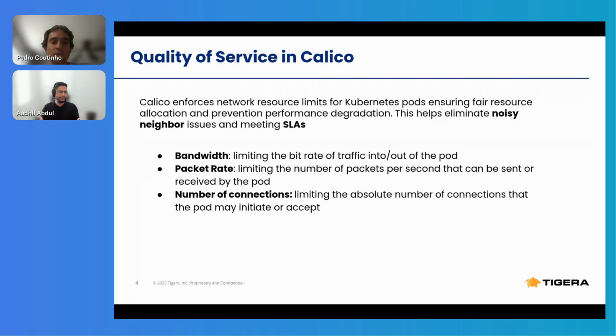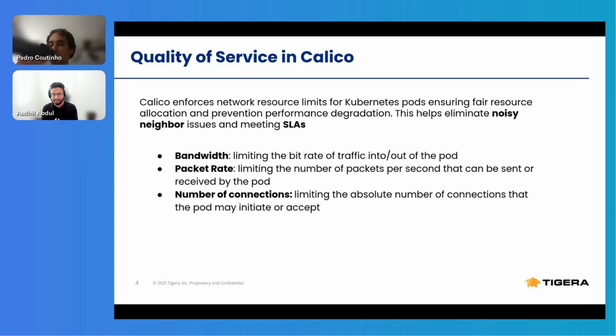Now, when you look at Kubernetes, it's a shared resource, right? That's why you deploy Kubernetes to optimally utilize the resources that are available to you by deploying multiple workloads in a given node in a cluster. And in any shared environment, you have to ensure that you have some controls to make sure that resources are adequately allocated, to enforce some controls around resource utilization and to prevent abuse, right?